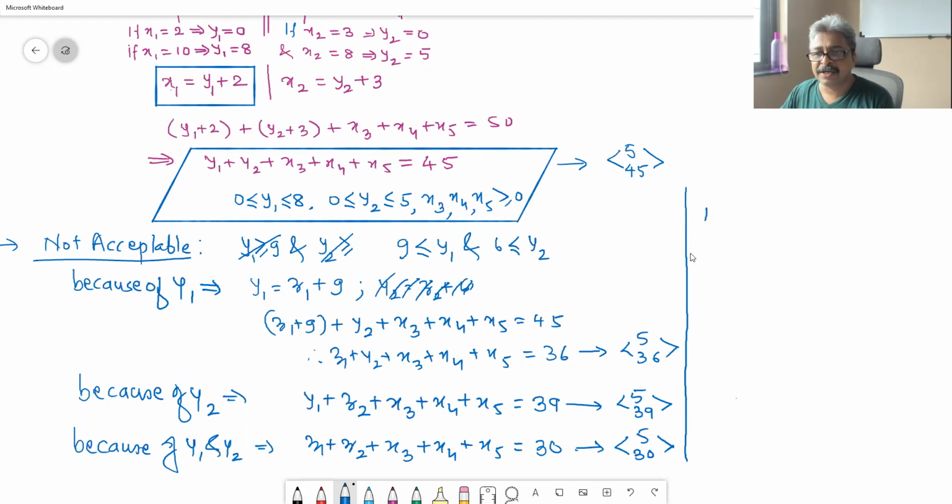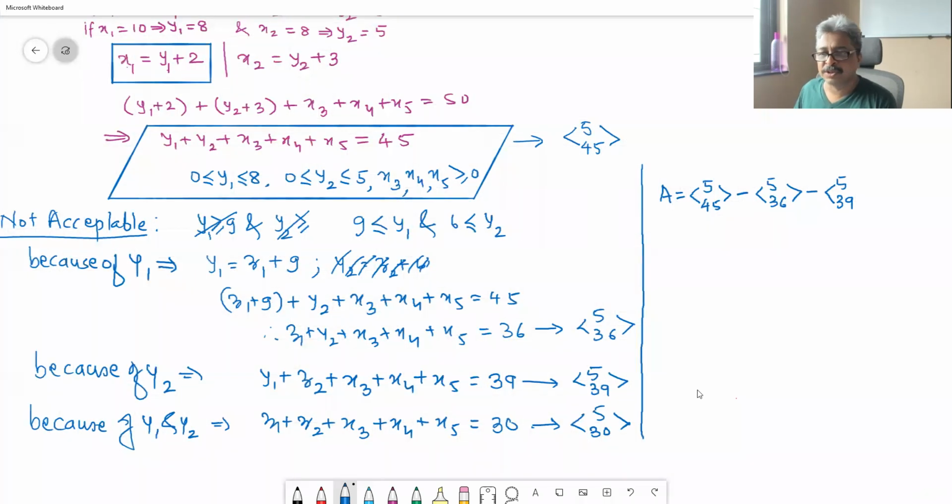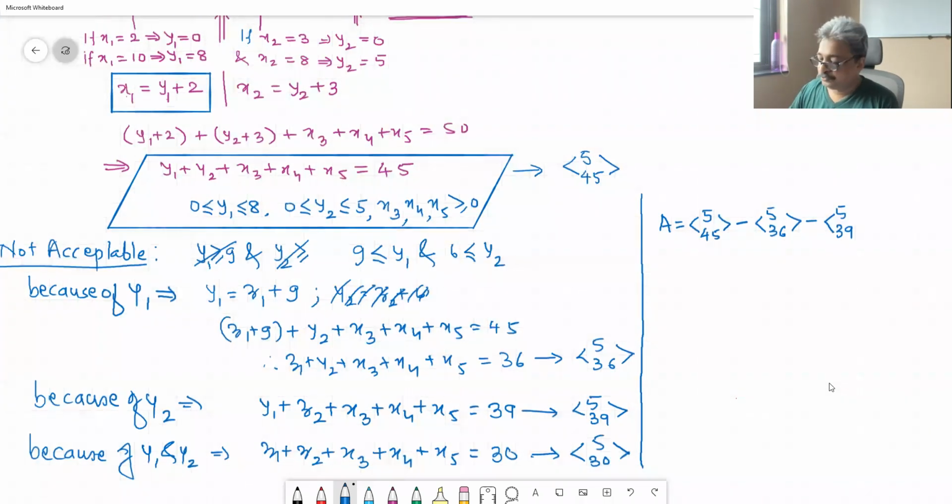Hence, the final answer is: include all the cases, 5 elbow 45. Exclude because of the first, 5 elbow 36. Exclude because of the second, 5 elbow 39. Now you have excluded two times the cases where both 1 and 2 got out, therefore include 5 elbow 30.